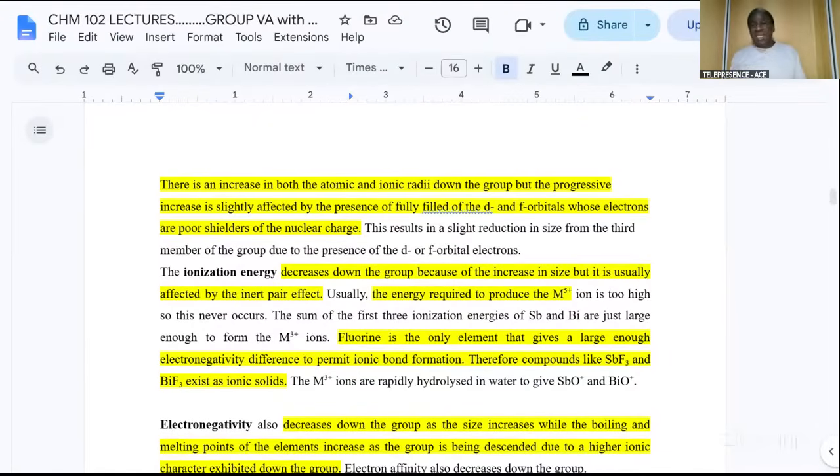That is the reason why, when you form compounds of fluorine, especially with the large elements towards the end of the group, you will see that ionic compounds are formed. Therefore, compounds like SbF3 and BiF3 exist as what? Ionic solids. Okay? M3+ ions are rapidly hydrolyzed in water to give this.